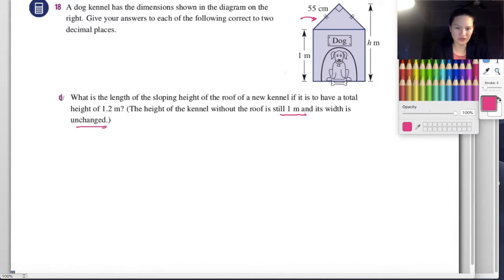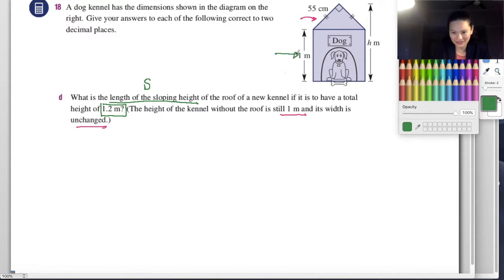Okay, they want you to read the question again. What is the length of the slope height? They want you to find s, this one, the slope height of the roof of the new canal, if it is to have a total height of 1.2 meters, and the height of the canal without the roof is still 1 meter.